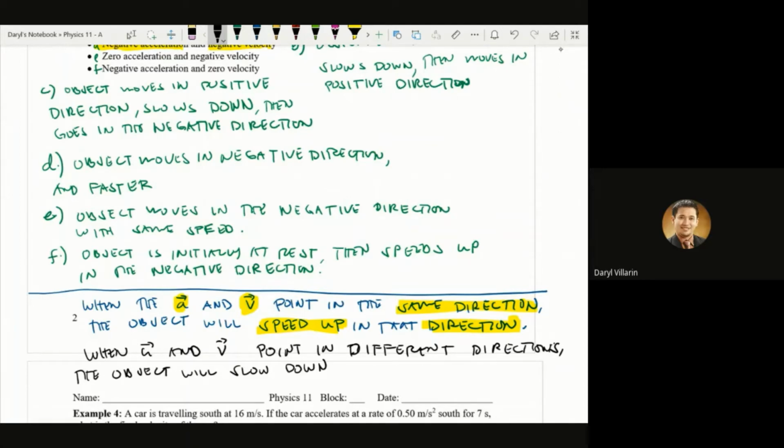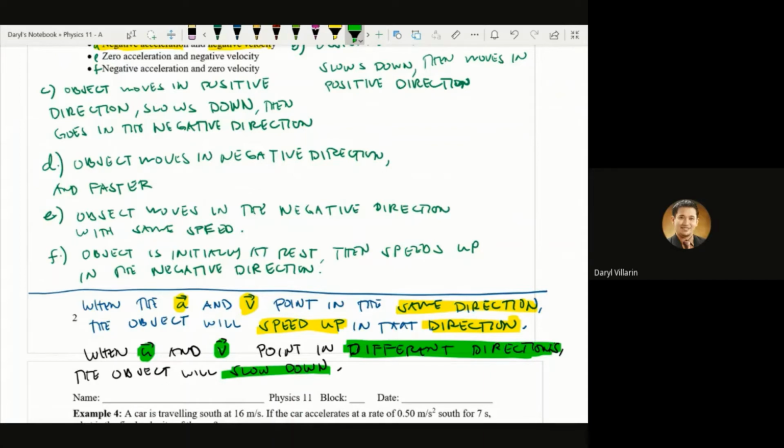Okay, so again, slow down means that the magnitude of its velocity decreases. Okay, and actually, if you're gonna ask why is it that particular case, well, the explanation for this one would be answered when we talk about dynamics.